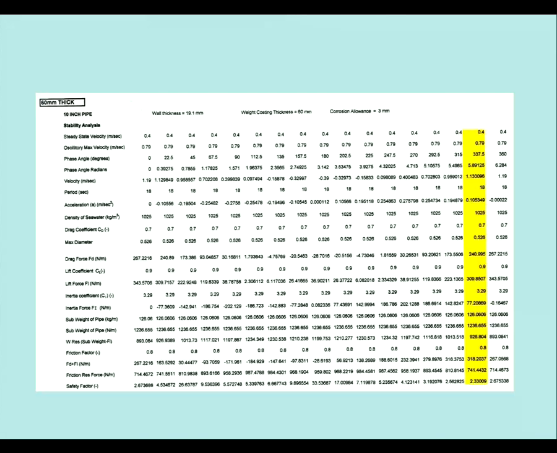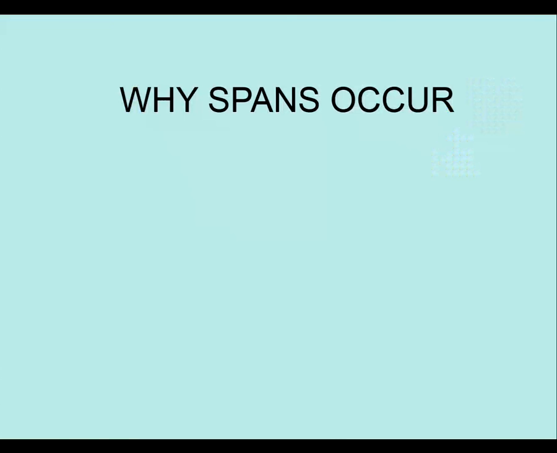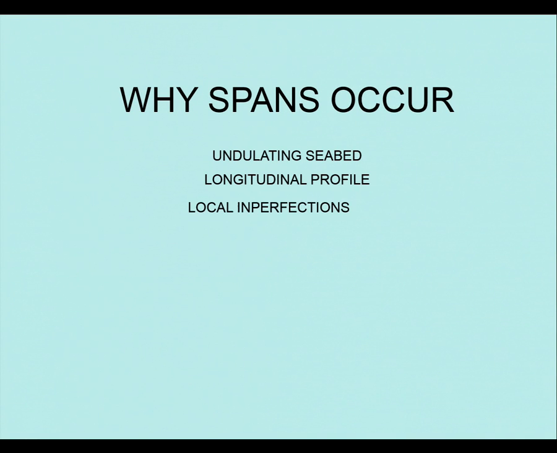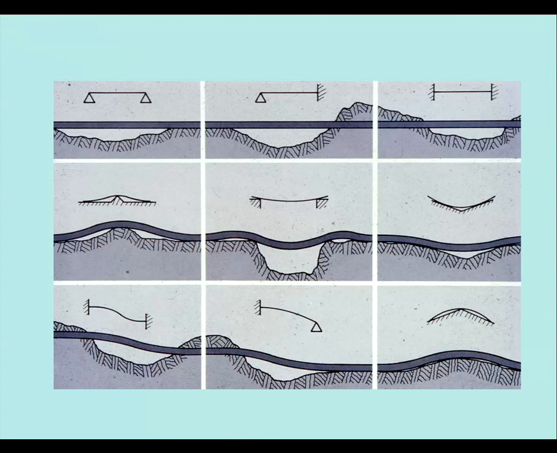Seminar. Okay. Spans. Again, this is a very complicated problem. Spans occur from undulating seabed, longitudinal profile, local imperfections, contour, bottom roughness we call it. So when we lay it on the seabed, it's a regular seabed. Erosion, and you can have all sorts of conditions that we use, beam theories. None of it is really relevant now, but as it was.